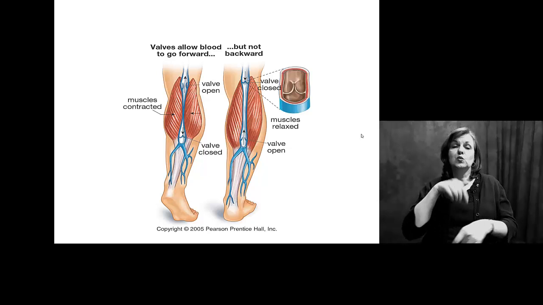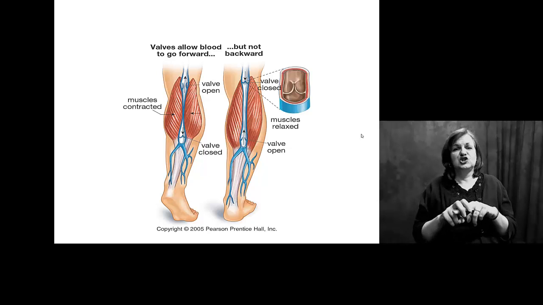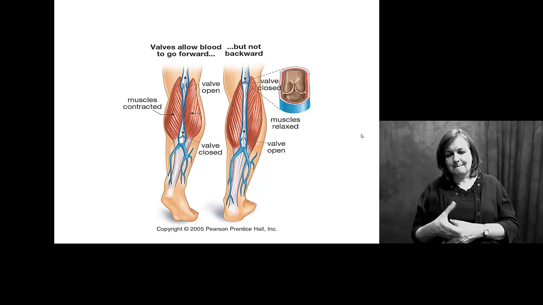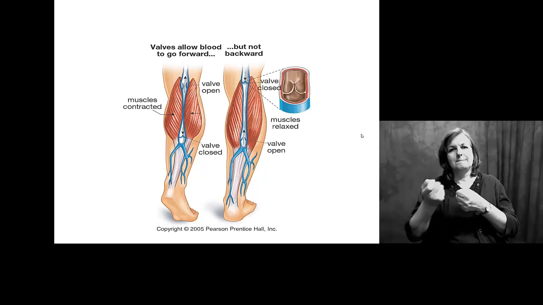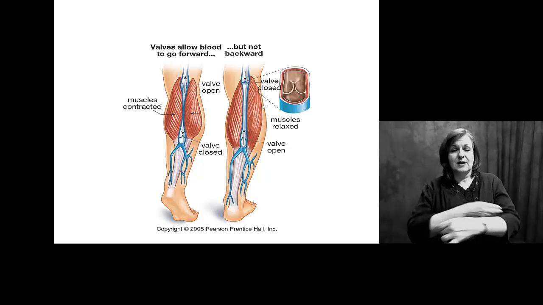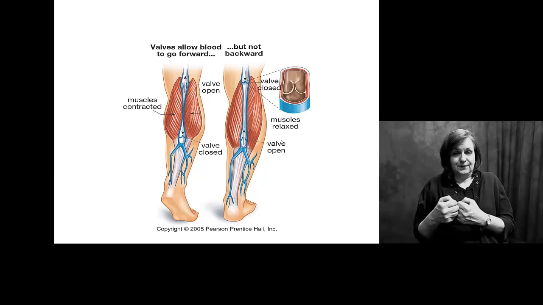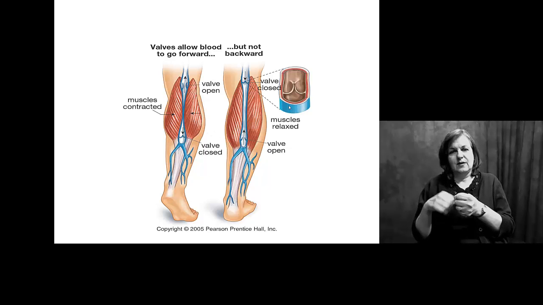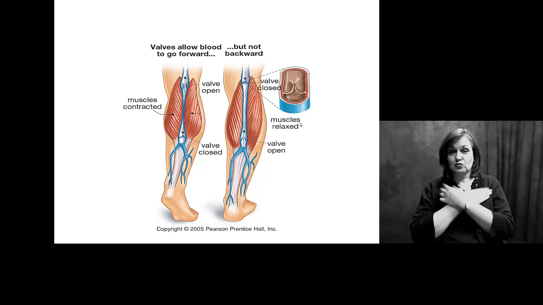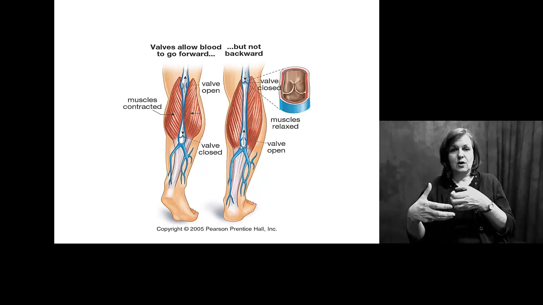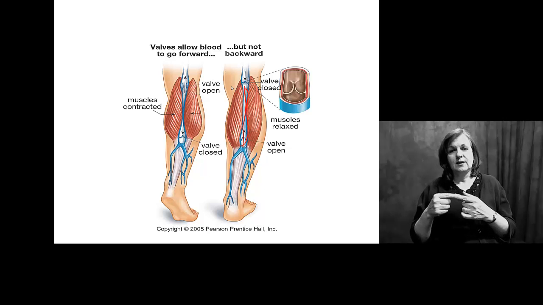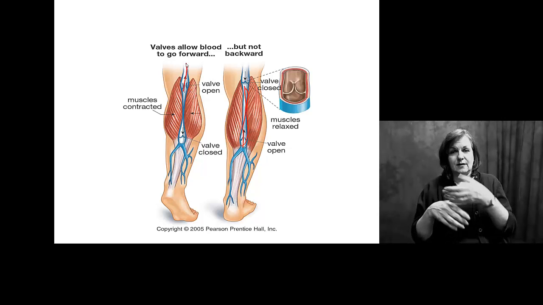So as you walk around and fidget and move your legs, you're actually helping to return blood to your heart. Now, when we squeeze the muscles, we're actually going to allow the muscles to pinch off those veins, but when we relax the muscles again, the valves are going to open and allow blood to flow in here so that when we contract the muscles again, blood will keep going.